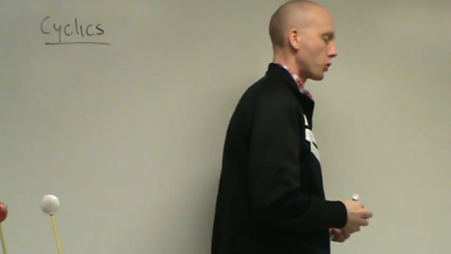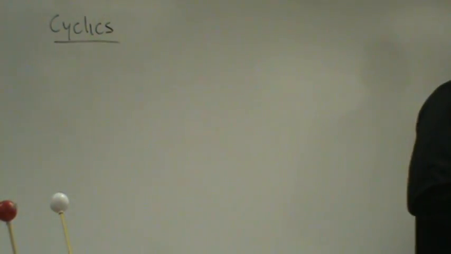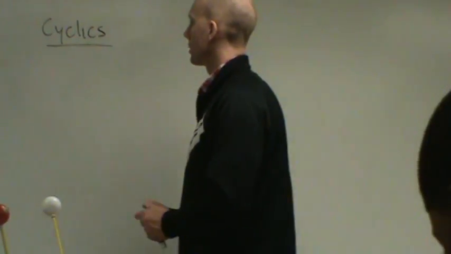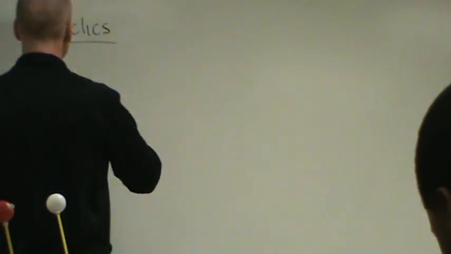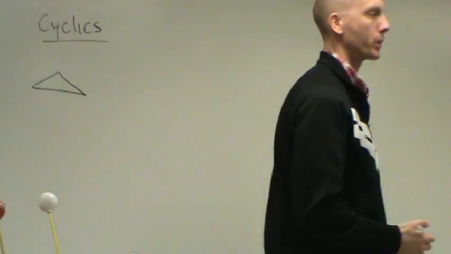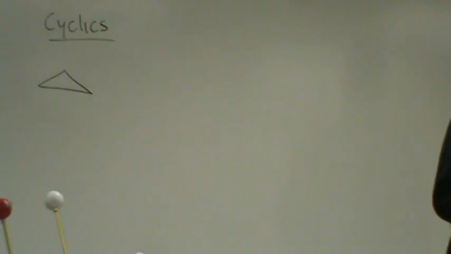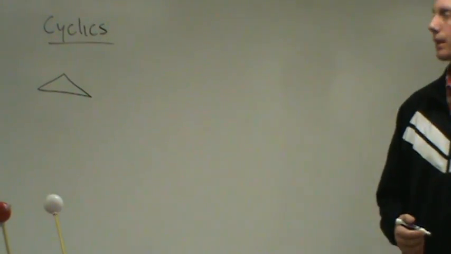The last part of this chapter deals with cyclic molecules or rings. So the most simple ring, remember, to make a ring you need at least 3 points. So the simplest ring would be a 3-membered ring.